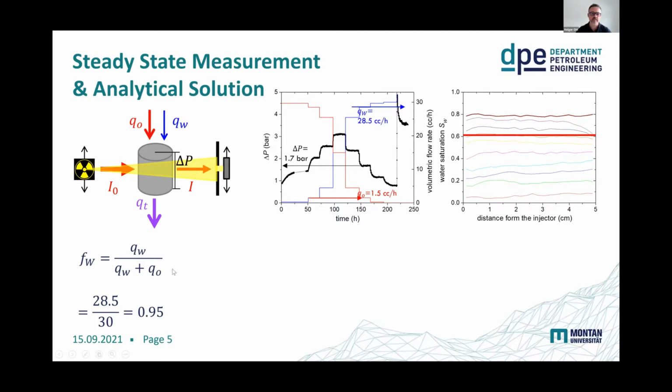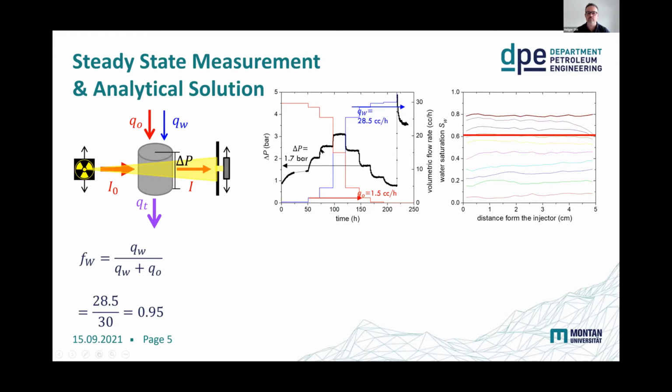This means we establish a certain fractional flow. By covering different fractional flow points across the fractional flow curve, we can cover the whole accessible saturation range in this kind of experiment. So we change the relative flow of oil and water while keeping the total flow typically constant. What we get as information is of course a differential pressure.